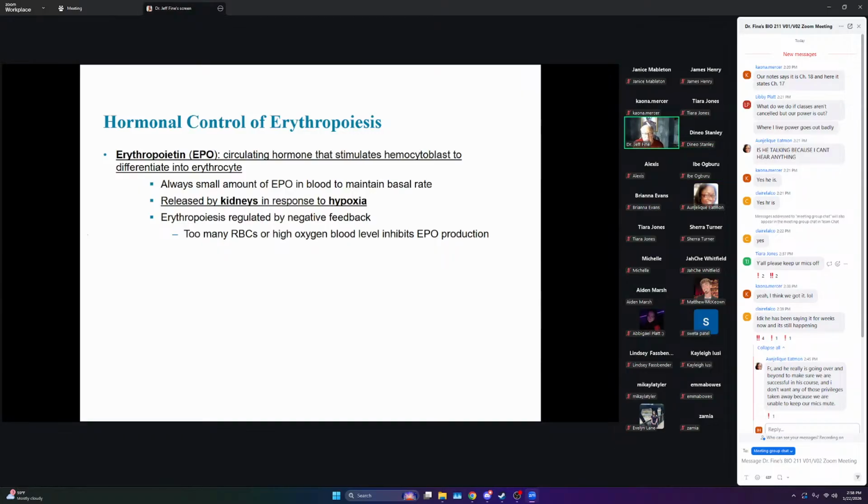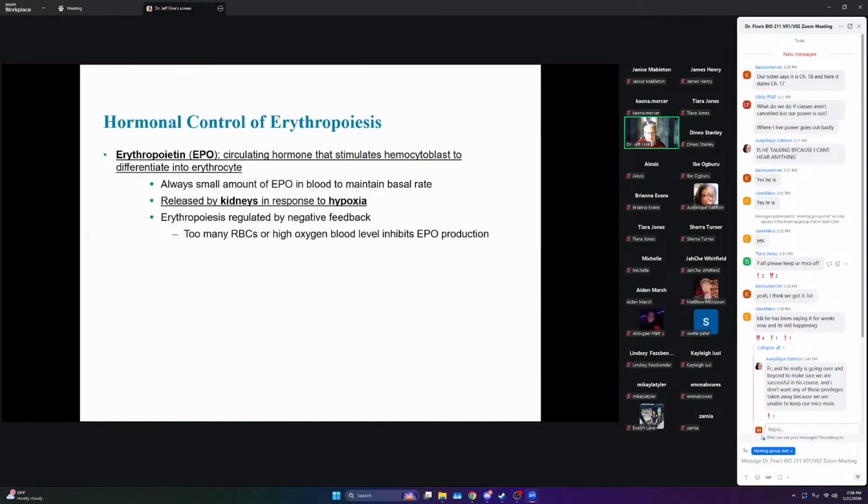All right, so if we have low blood oxygen levels, that's called hypoxia. We have inadequate oxygen getting into the body. Usually that's a result of not having a normal number of red blood cells to carry oxygen.